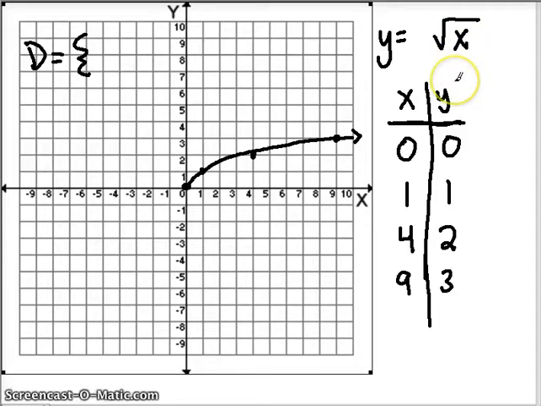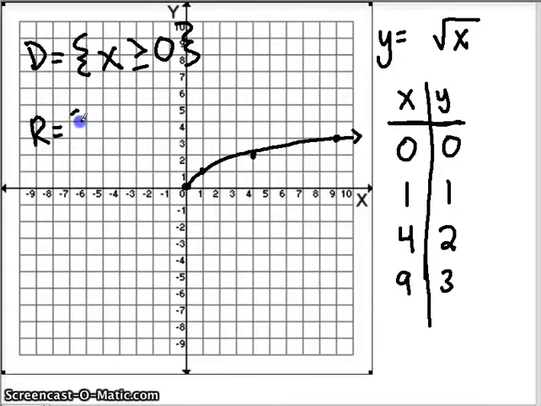So we can't go any more negative in our inputs than right here. So 0 is an endpoint, and we don't go farther left on the x-axis. So the possible domain, or the possible x values, are anything greater than 0. But it could also be equal to 0. It is 0 right here. So anything greater than or equal to 0 are possible domains of this graph.